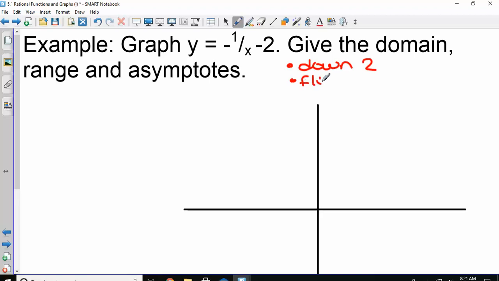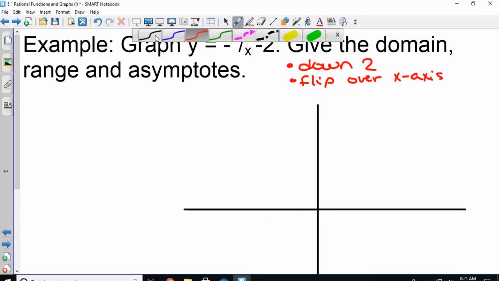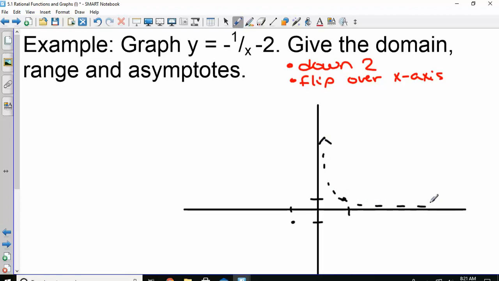Flips. I'll flip it over the x-axis. Okay. So if I just graphed a really rough sketch of my parent function, just so we remember what the 1 over x looks like.